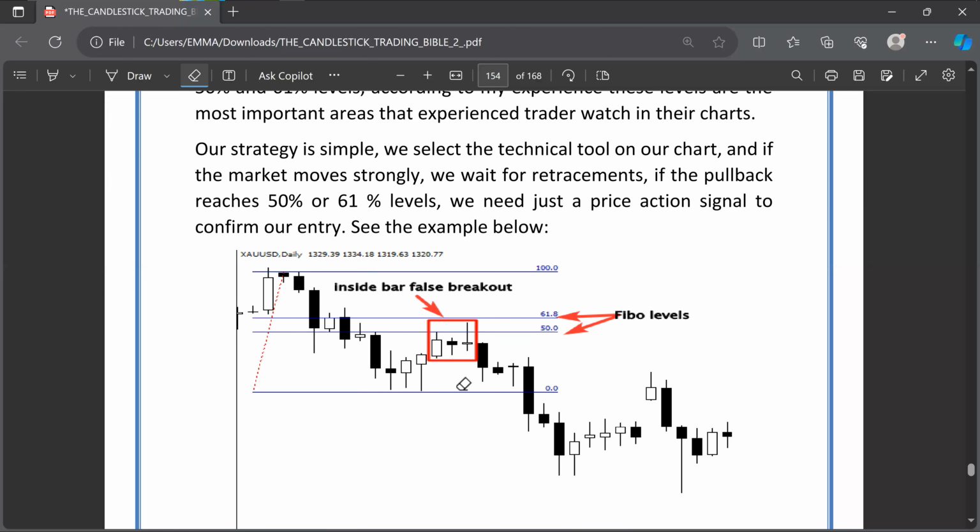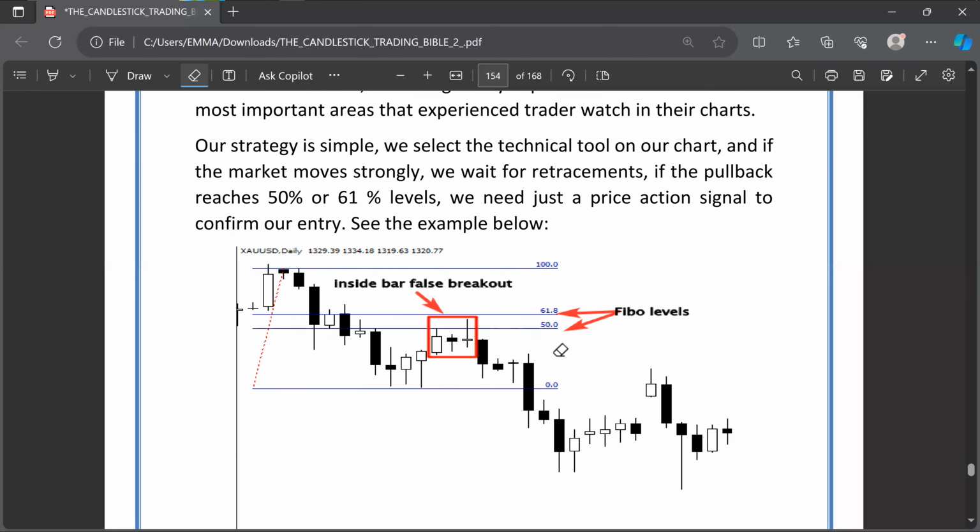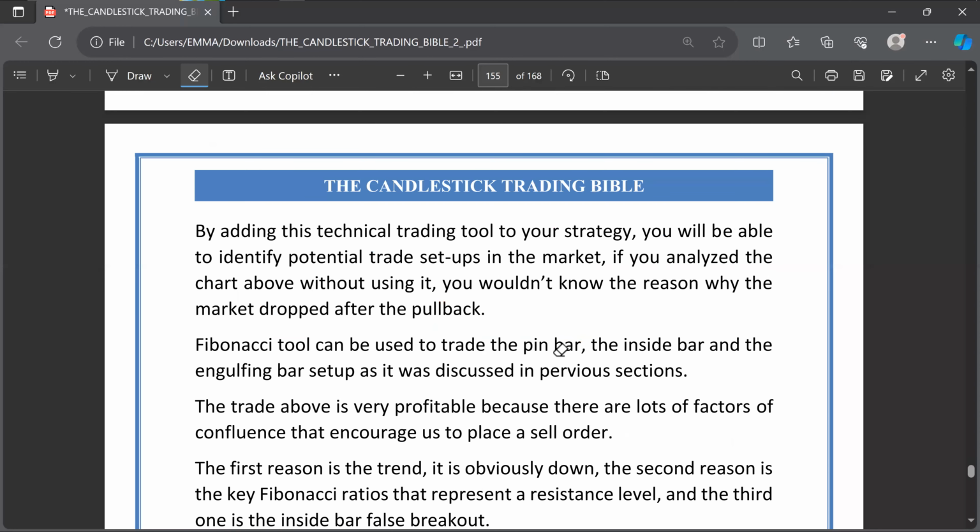So price will continue in that general downtrend. After that, looking at where the retracement happened, it happened around the 50 and 61 Fibonacci levels. So that gives me the signal to continue with the sellers. It's as simple as that.